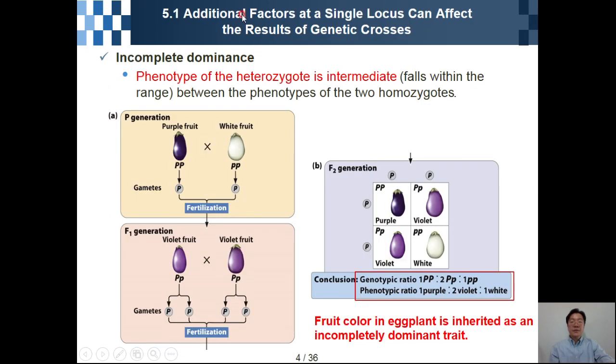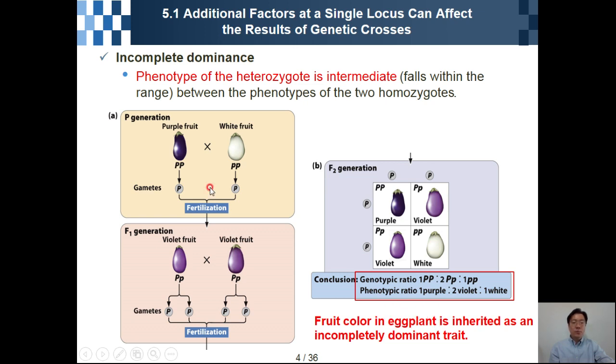In this slide, we will learn incomplete dominance. The phenotype of the heterozygote is intermediate, meaning it falls within the range between the phenotypes of the two homozygotes. One example is fruit color in eggplant.